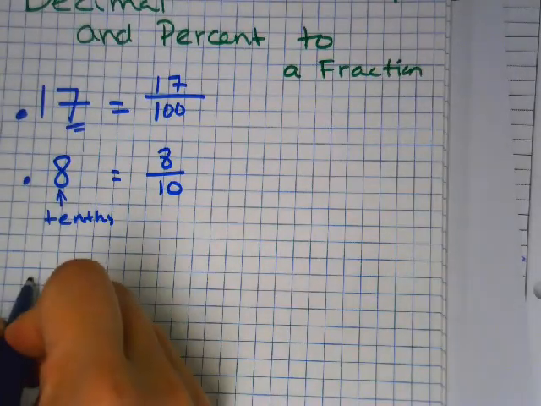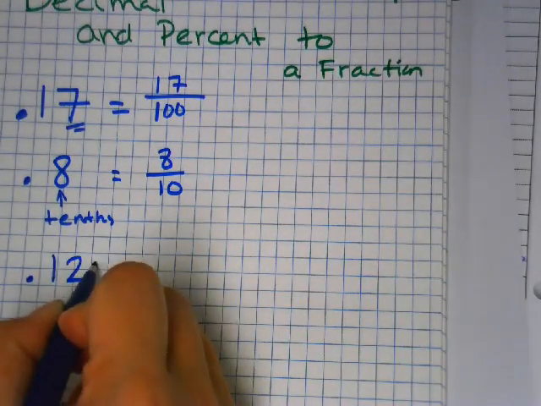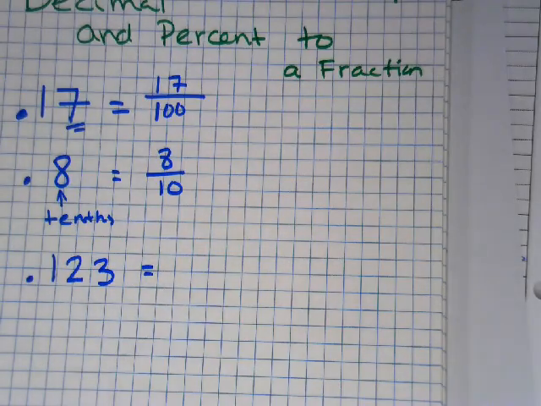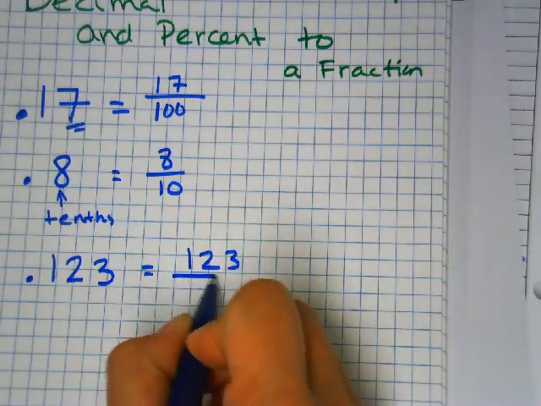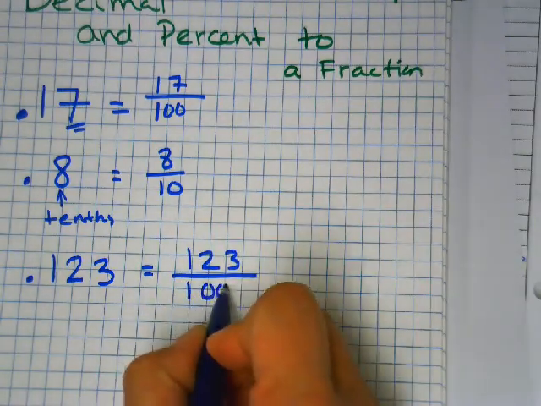Now, here's a hard one. What fraction do I write down for 0.123? What is it, guys? 123 over 1,000. Yeah, 123 over 1,000. So, we're writing this down. And yay, us.